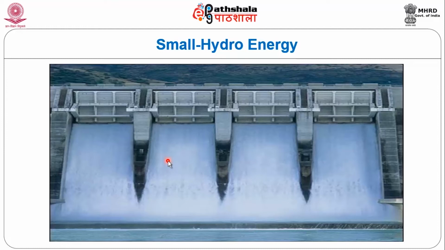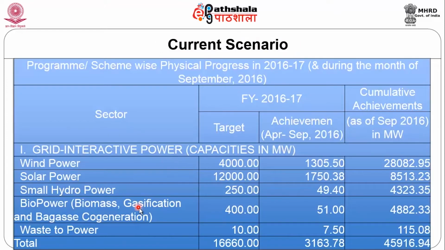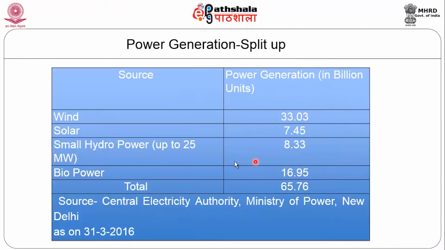This is small hydro. So far we have installed 4,323.35 megawatt of electricity. It is huge, and we have generated 8.33 billion units of power through small hydro power.